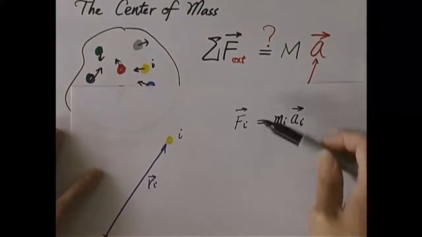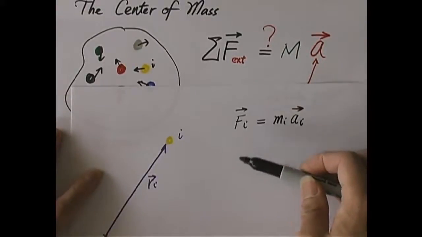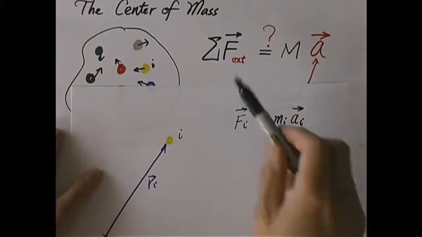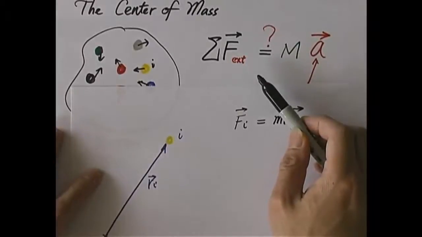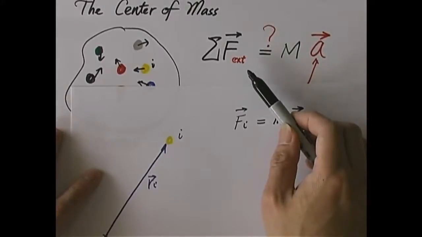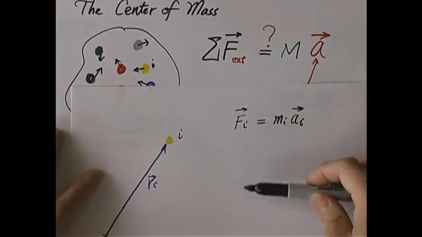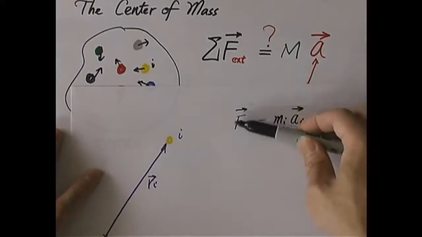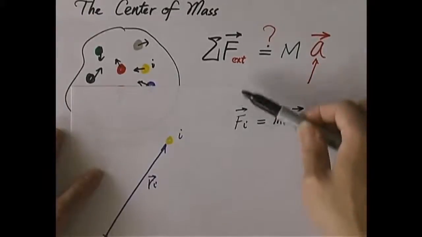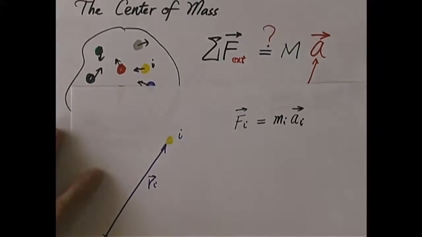On the left-hand side, I have F1, F2, F3, F4, and so on. But in the eventual single equation for the entire system, on the left-hand side, I want the sum of all the forces. That's the net force, right? So how do I get the sum of all forces from F1, F2, F3, and so on? Let me just add every equation up, right? So on the left-hand side, I would have the sum of all forces.